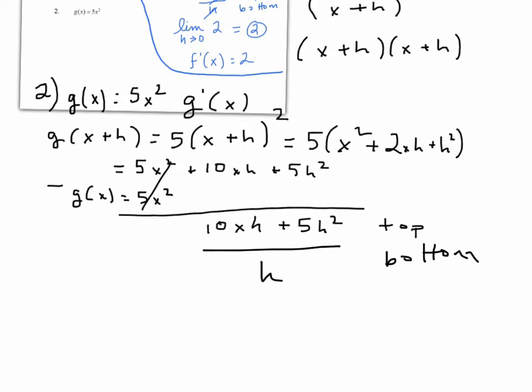And now what we want to do is we want to reduce this. So hopefully each of you remembers a little step from pre-calc where we just reduce out the factor of h. When we do that, we're left with 10x plus 5h.